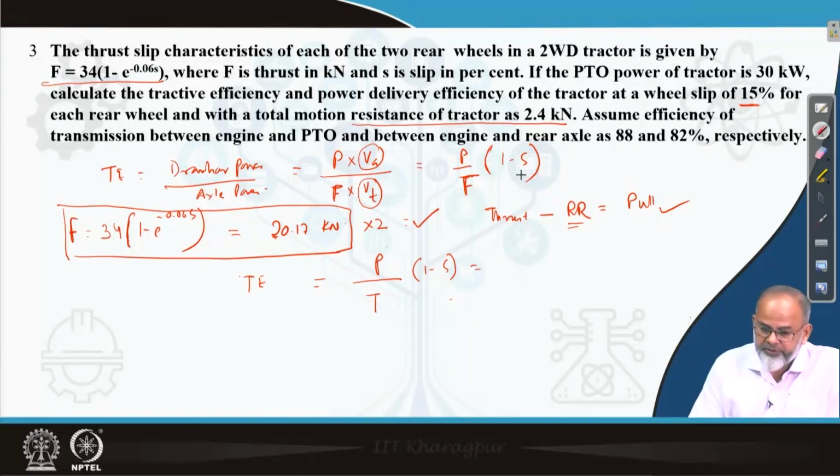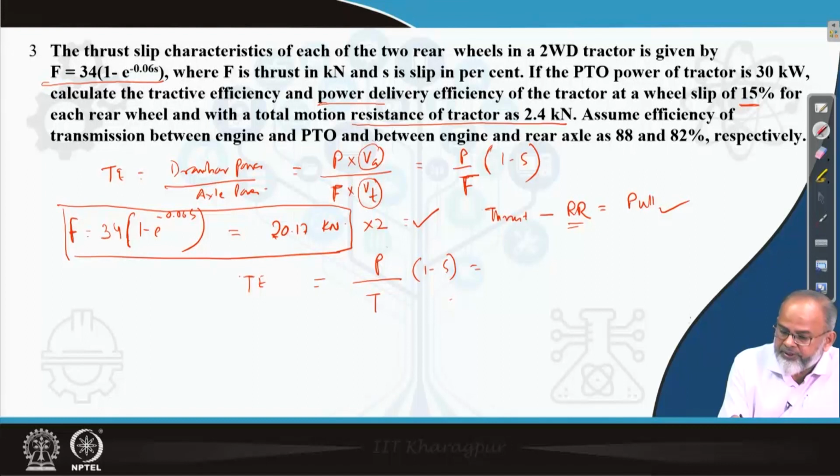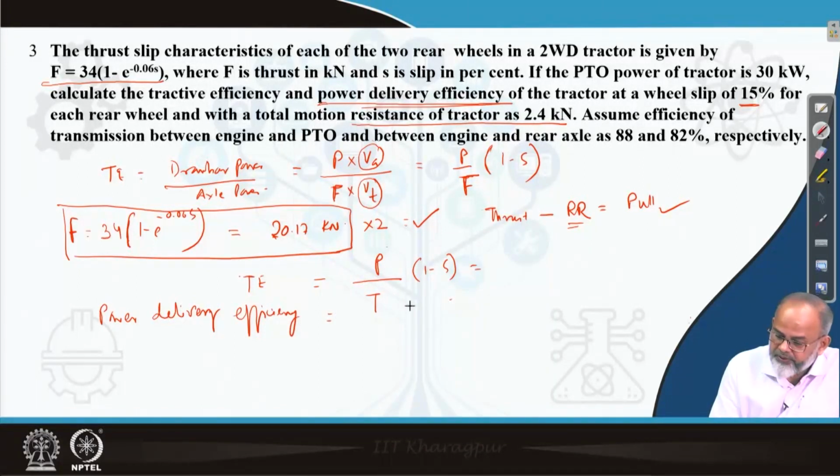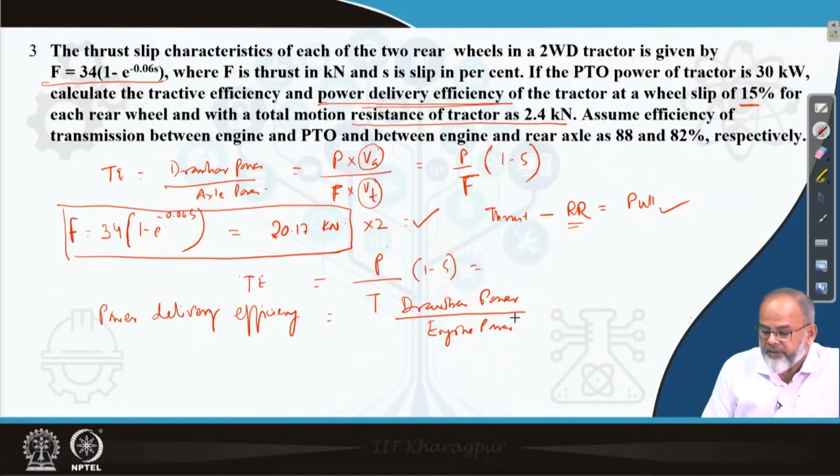Now coming to the second component, which is the power delivery efficiency. We know that power delivery efficiency is nothing but drawbar power by engine power. This is the ratio of two powers.